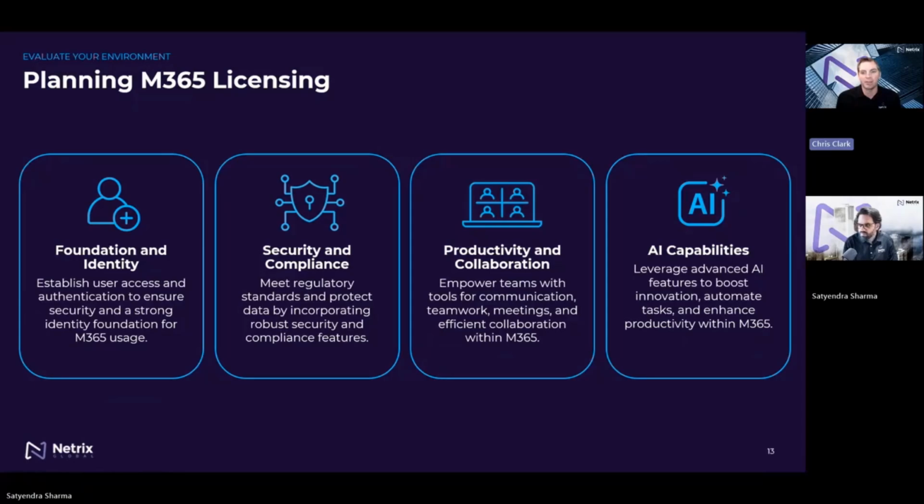So really thinking about the foundational aspects of identity and security, setting those baselines, having a blanket approach across all users in an organization to have those baseline capabilities, but it really wraps around the productivity side as well. So a lot of your data is going to be contained in Teams, SharePoint, OneDrive, Exchange Online, the rest of the productivity suite within Microsoft 365. And then also, newer AI capabilities like Copilot.